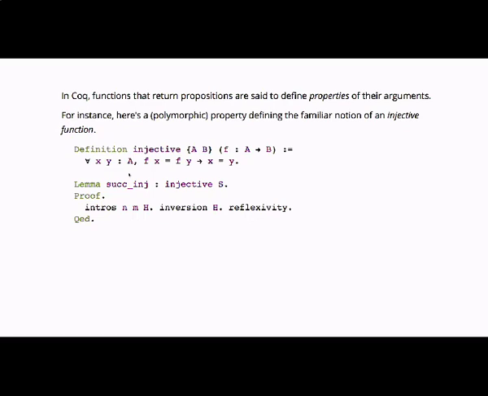It's a property of functions f of type A to B, where you get to choose A and B, that says f is injective if for every x and y in A, if f x equals f y, then x equals y. So this is the familiar injectivity property expressed in Coq. And of course we can prove it, and the proof involves inversion.